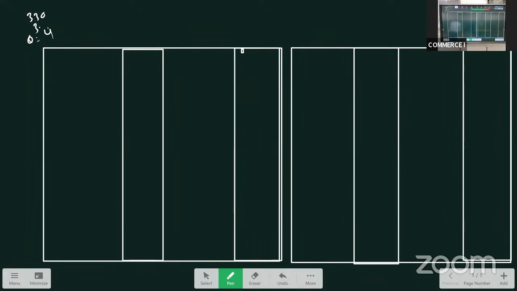Okay. So trading account of Messrs. Manoj and Sons. This is trading account of Messrs. Manoj and Traders Sons for the year ended on 31st March 2018.